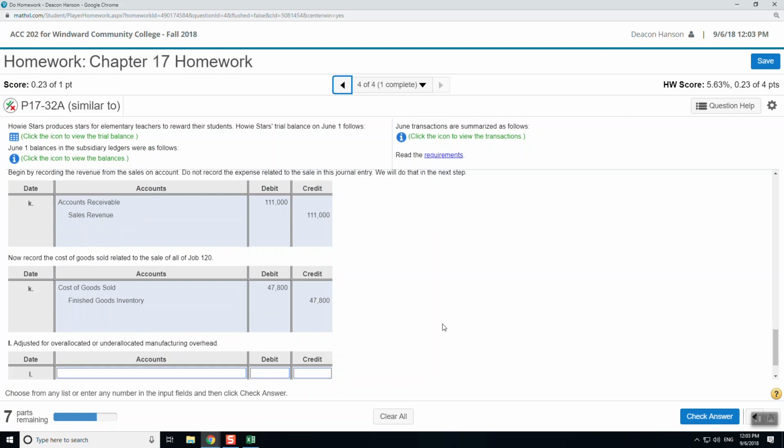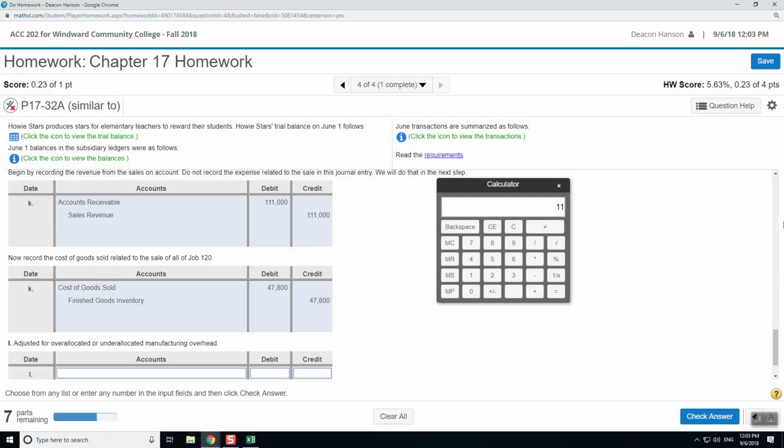Okay? So I'll do a little refresher. What's the gross profit on job 120? Gross profit is the difference between your revenue and your cost of goods sold. So you could do it in your head, or you could simply go 111 minus 47,800. I'm taking the 111,000 in revenue minus the 47,800 in cost of goods sold. So I got a gross profit of 63,200.